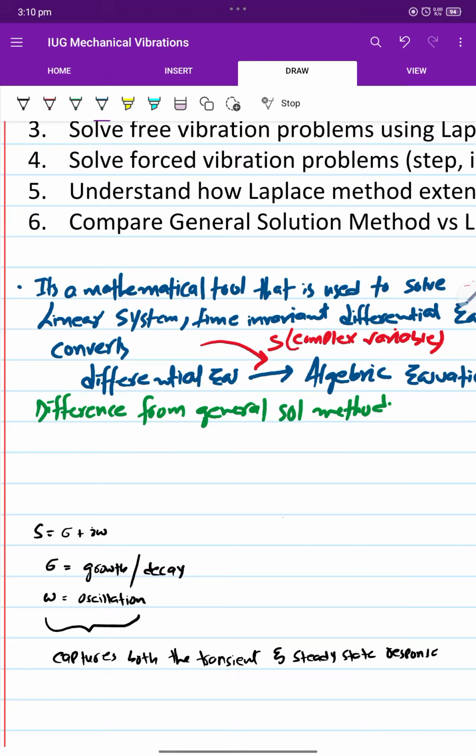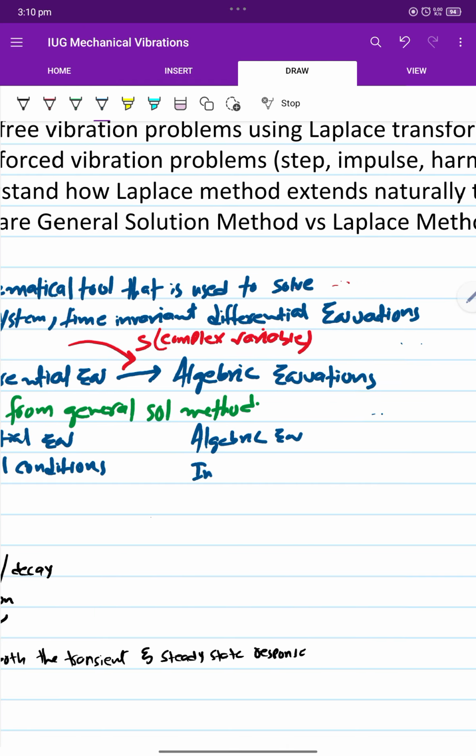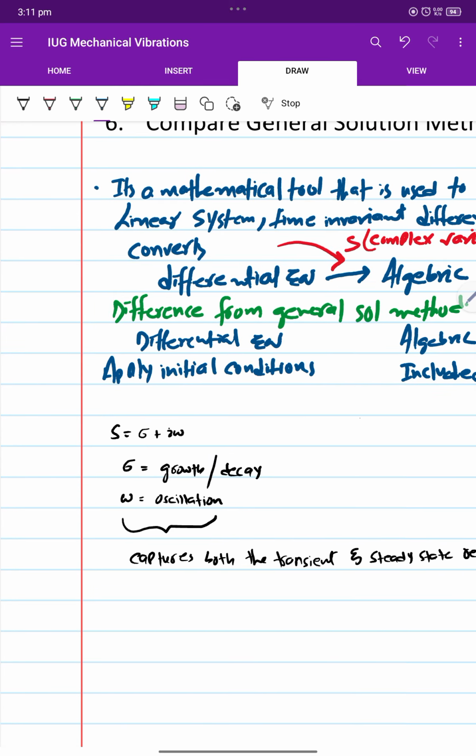So the general solution method, as we have discussed, deals with differential equations, while the Laplace deals with algebraic equations. We have to apply initial conditions in the general solution method, while in the case of Laplace they are included in the solution.